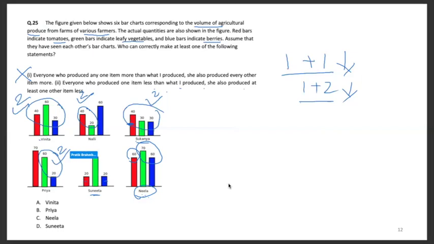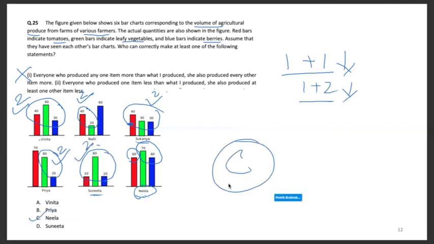With Neela and Sunita, again all three are satisfied, so the condition is satisfied. So Neela is the only one who can make at least one of the following statements true, we can make that claim. So C is correct.